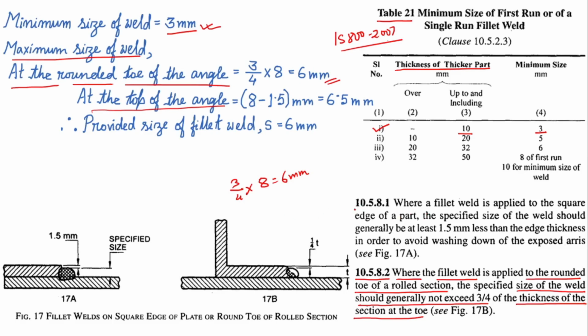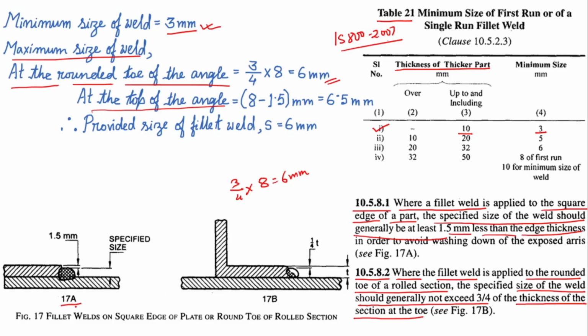So if I follow clause number 10.5.8.1, where a fillet weld is applied to the square edge of a part, the specified size of the weld should generally be at least 1.5 mm less than the edge thickness in order to avoid washing down of the exposed edges. That means we have to leave 1.5 mm from the top to have the maximum size of the weld.